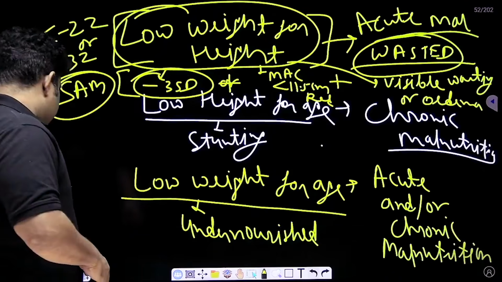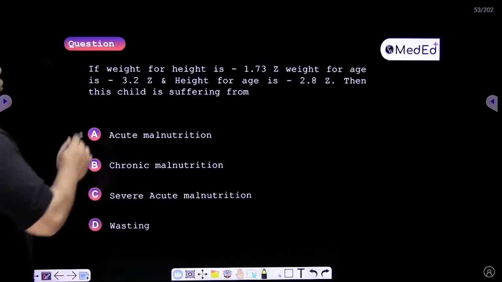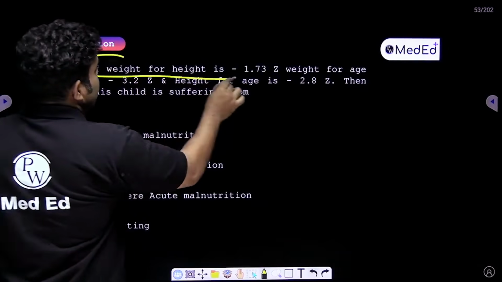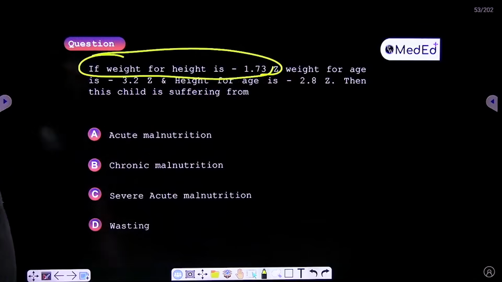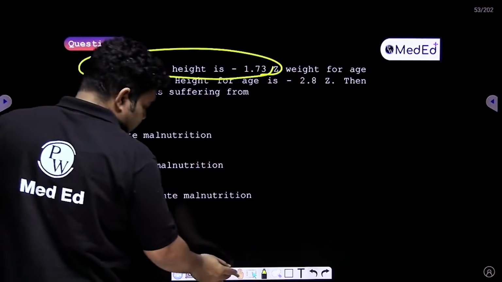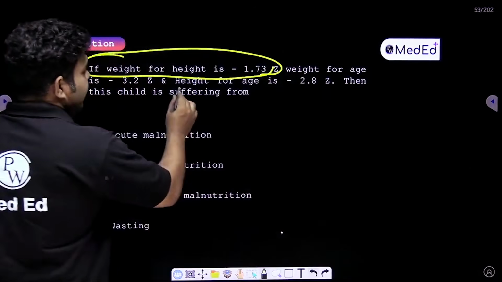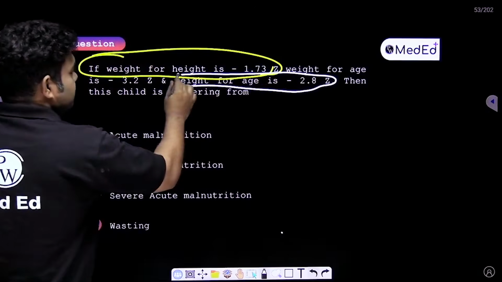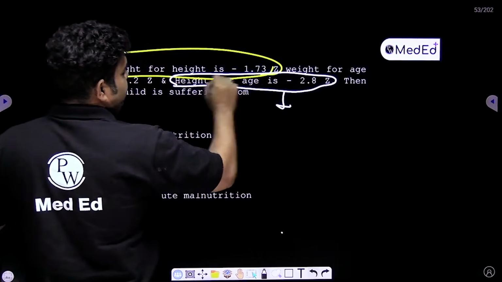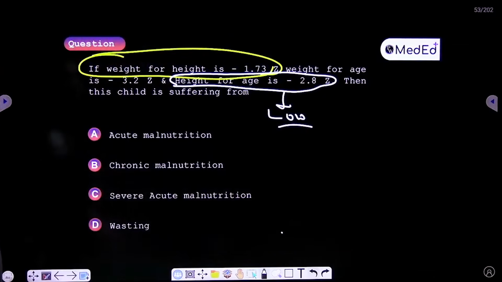The question is, you are sitting in pediatric OPD, and you got weight for height -1.73 Z, weight for age -3.2, and you also get height for age -2.8 Z. So height for age is low, because -2.8 is a serious problem.